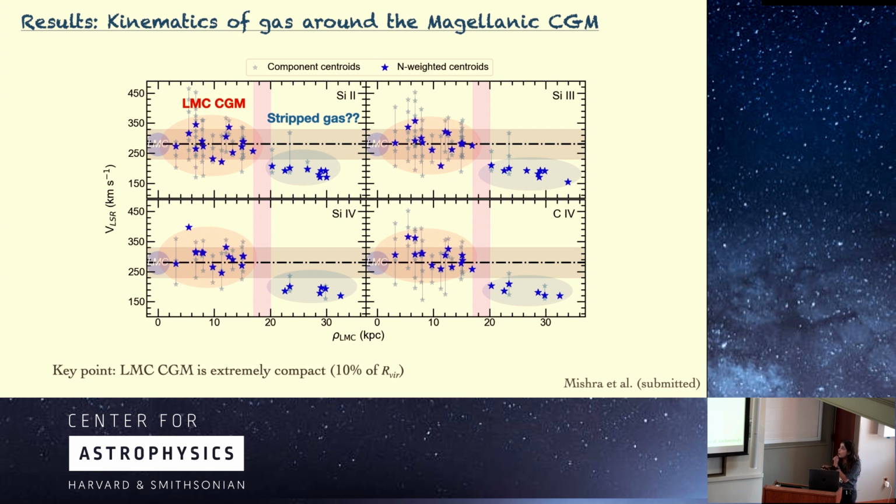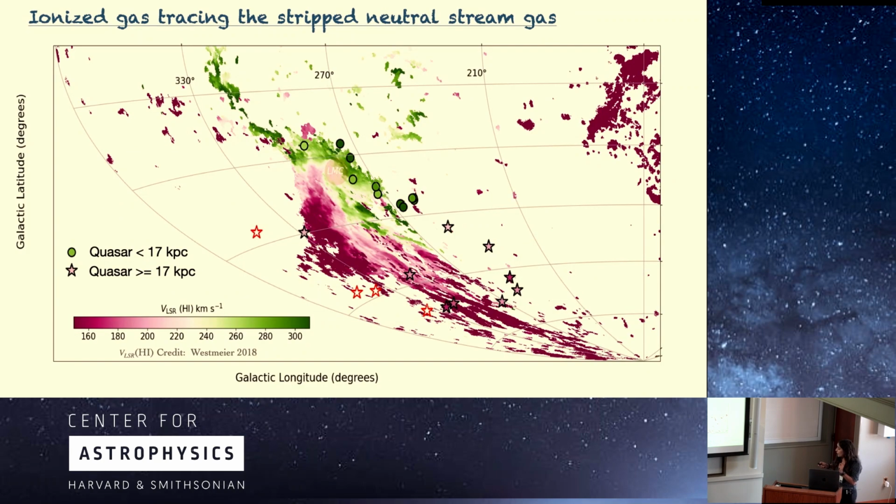So from this, we conclude that the LMC CGM, the non-tidal inner region, is extremely compact, which is 10% of its virial radius. And to further probe how this ionized gas correlates in velocity with the neutral H1 gas, we compare this UV velocity with the H1 emission velocity.